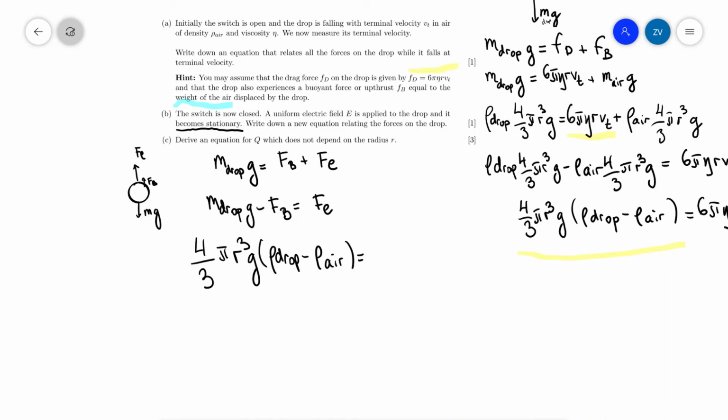Now the electrical force is given by E times Q. The reason for that is because in general, the electric field is the force per unit charge. Therefore, the electrical force will be equal to E times Q. And this is an equation for the balance of those forces.